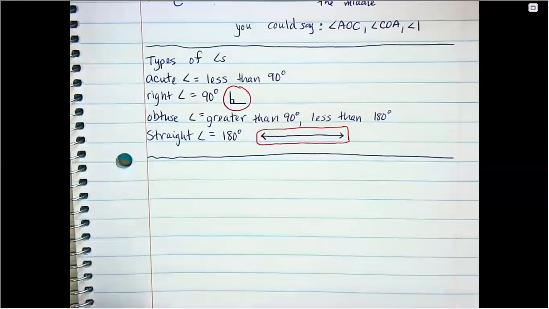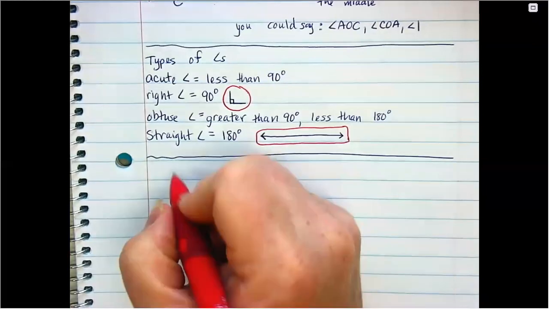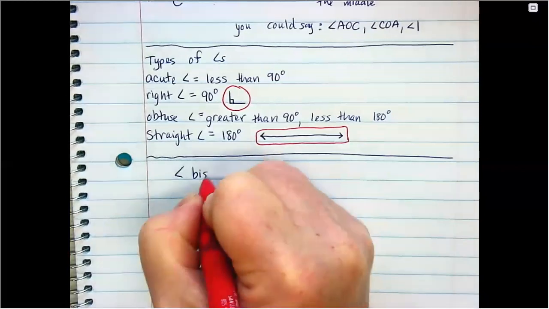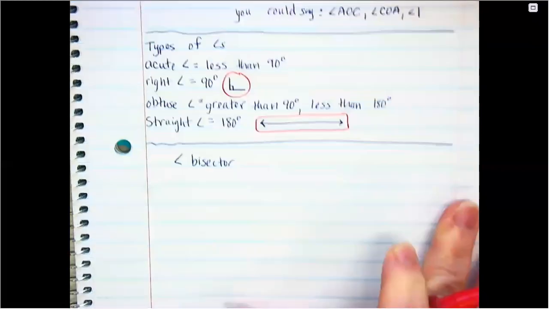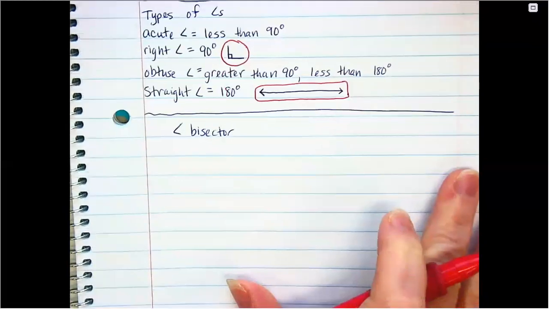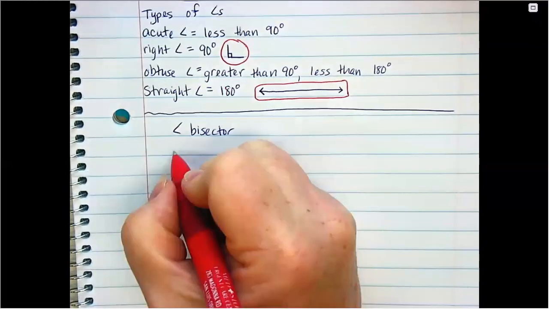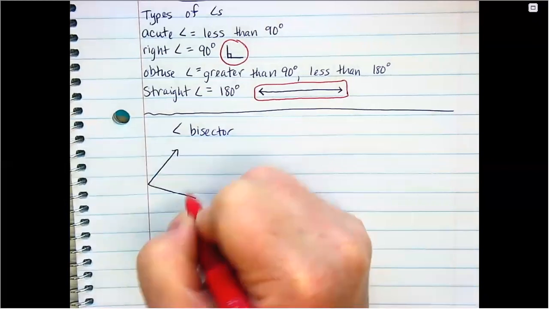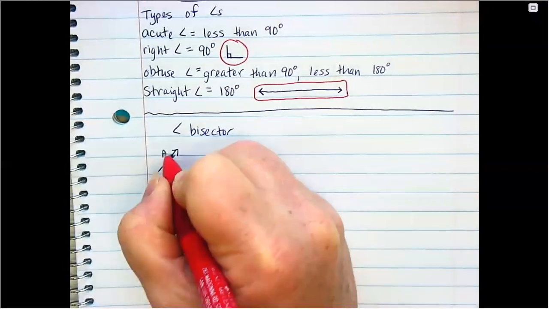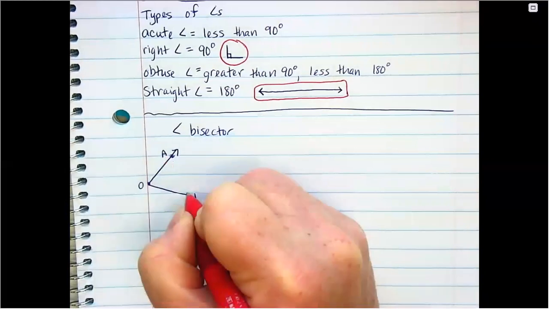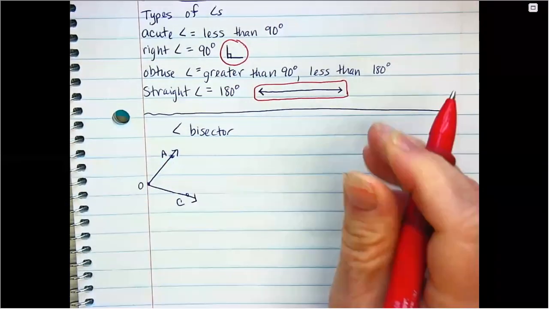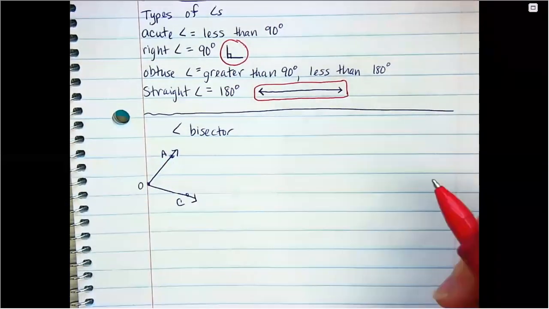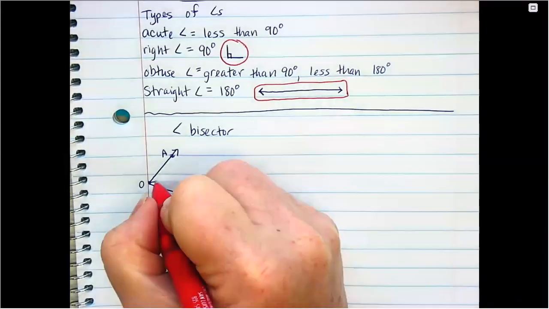Okay. So we're going to talk about an angle bisector. So we're going to draw our angle AOC again. This time we're going to put another ray right in the middle.